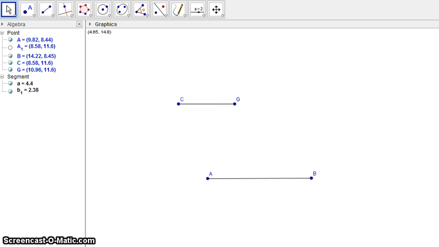We're going to cut segment CG off of segment AB so that we have AE, this segment right here, which is the same size as CG. That's what we aim to do. So let's go step by step and see how we're going to do that.